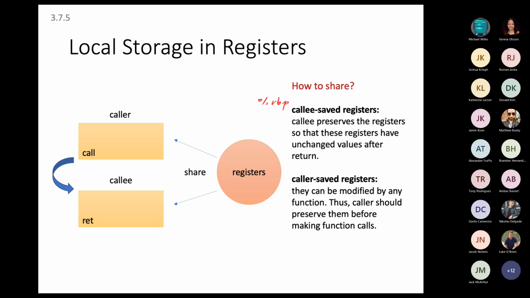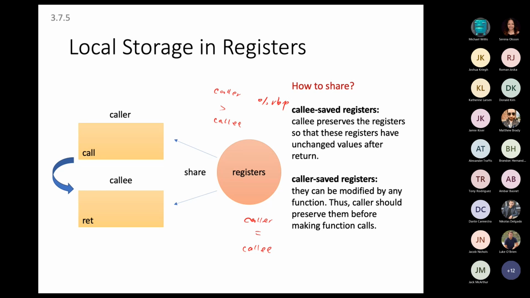In this case, we assume the caller and the callee are equal. In the previous case, callee saved registers, the caller has larger priority than the callee. So if the callee wants to use registers, it has to keep the value and restore it before return, because the caller has the priority.